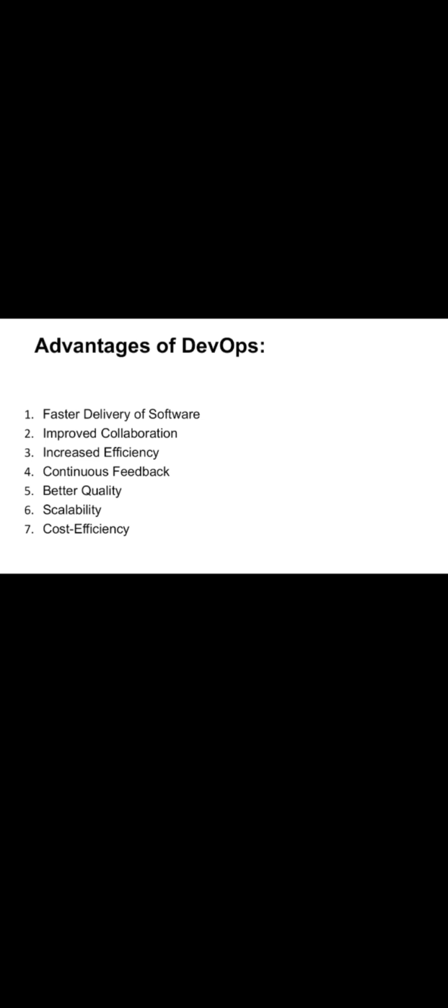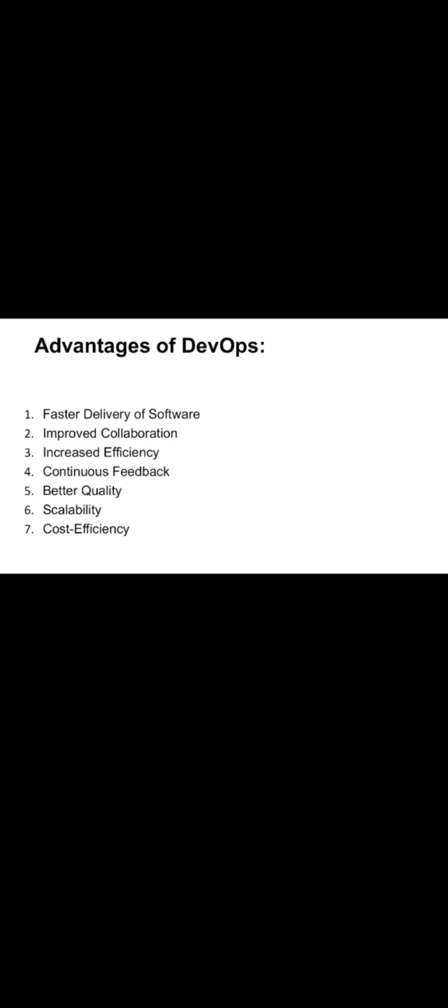DevOps practices make it easier to scale infrastructure and applications to meet growing demands. Cost efficiency. By automating processes and improving resource utilization, DevOps is user friendly and cost efficient. DevOps can lead to cost savings in the long run.